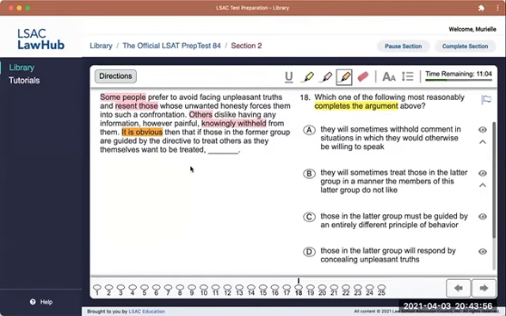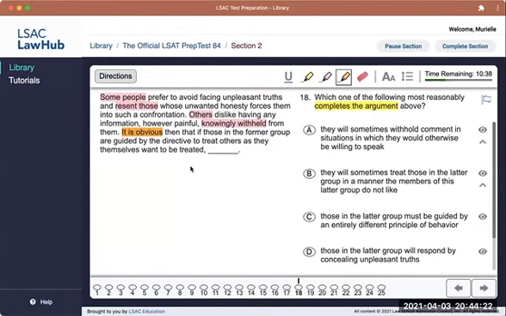If they think that it's unpleasant, they will withhold information from people. But this idea of in situations in which they would otherwise be willing to speak, the way that that's phrased doesn't actually make me think they're going to avoid it in times when it's unpleasant, right?